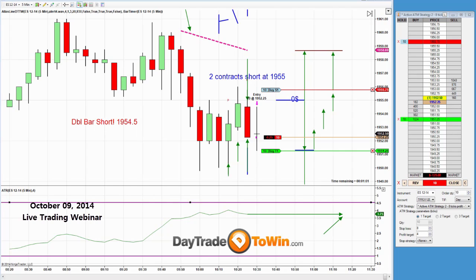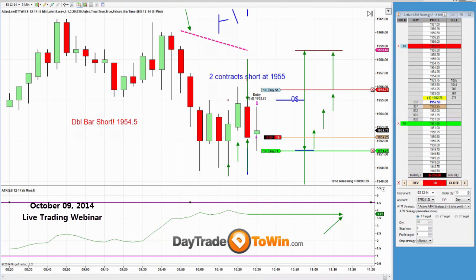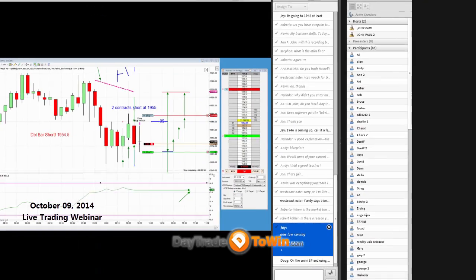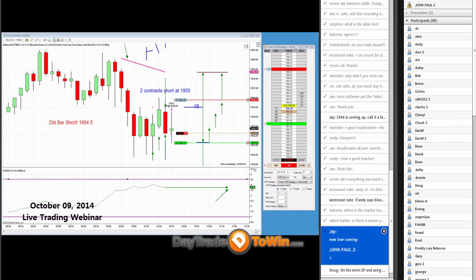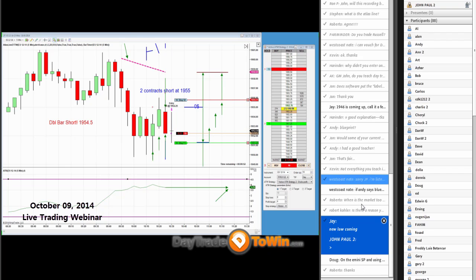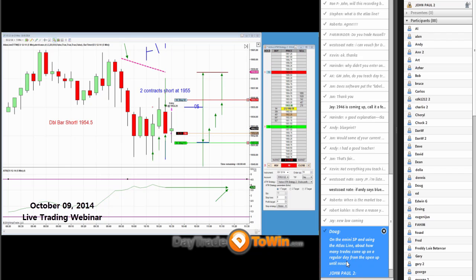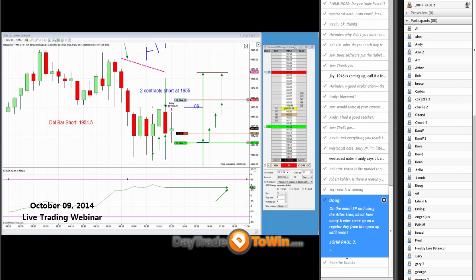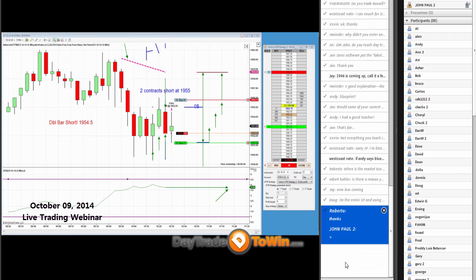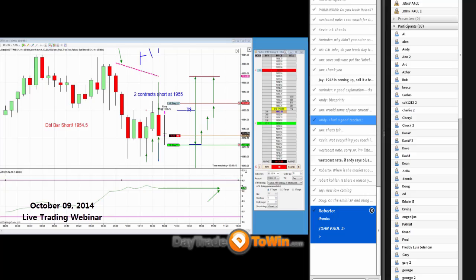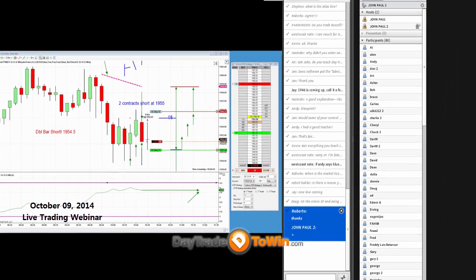After that, Doug, if there's a pullback, if there's a strength trade, then we start looking at additional trades or bounce trades, additional trades to go long or to go short when these patterns present themselves. Now, is it possible to have just one trade every day? Yes, absolutely.